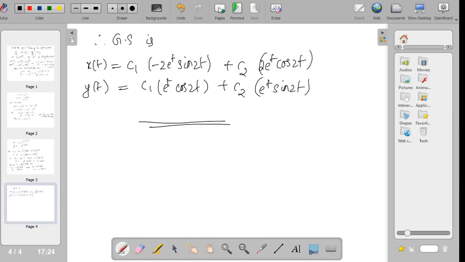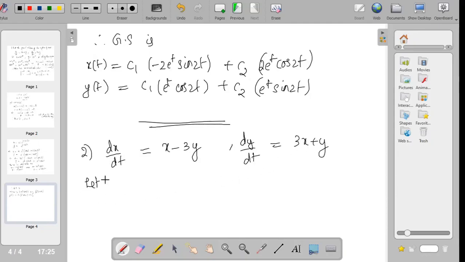So let us see one more problem. The next question is dx by dt equal to x minus 3y and dy by dt equal to 3x plus y.